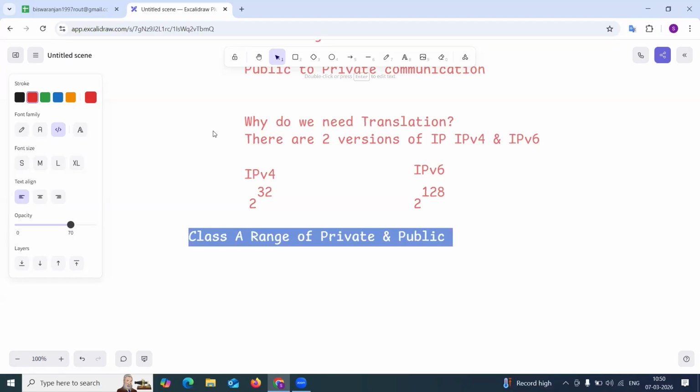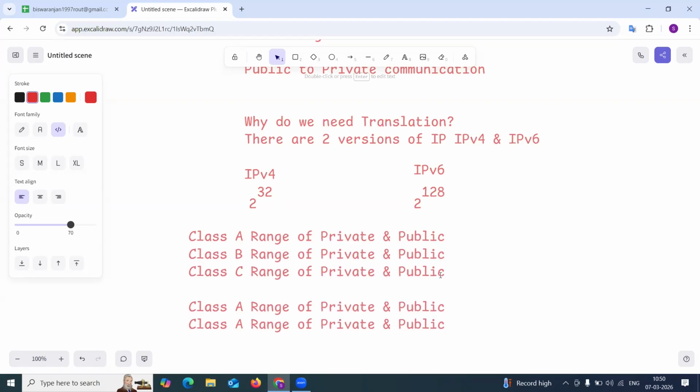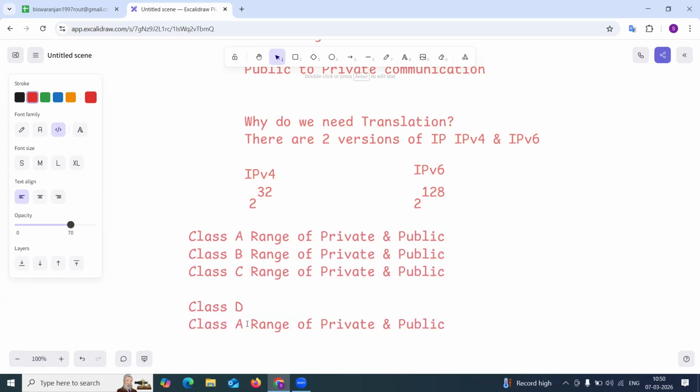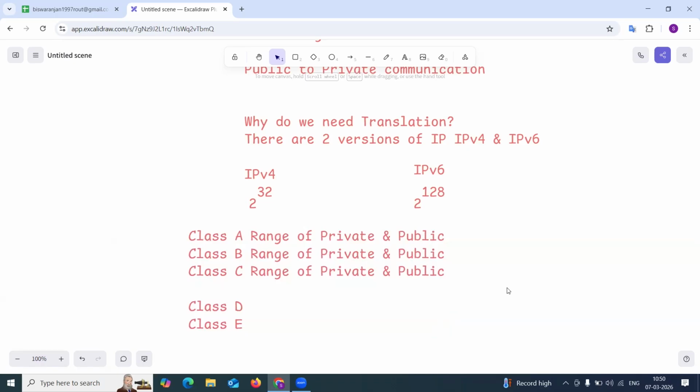Again, we have class B, we have class C, we have class D, and we have class E, which is used for multicast and broadcasting purpose. So in our daily communication, we don't use D and E, we use A to C.